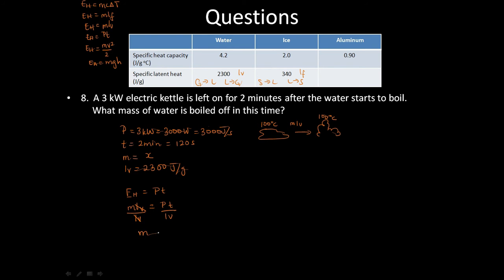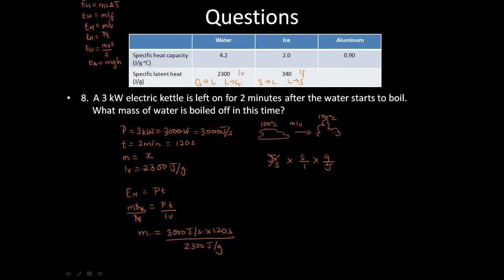and we have M is equal to power, which is 3000 joules per second, times time, which is 120 seconds, divided by 2300 joules per gram. And we're going to pull out the units underneath here so we could see. So we have joules per second times second over 1 times grams over joules.